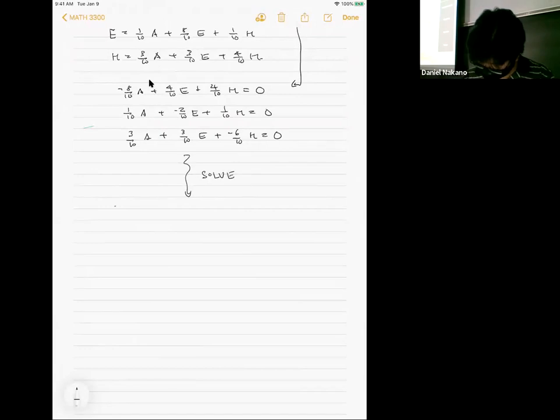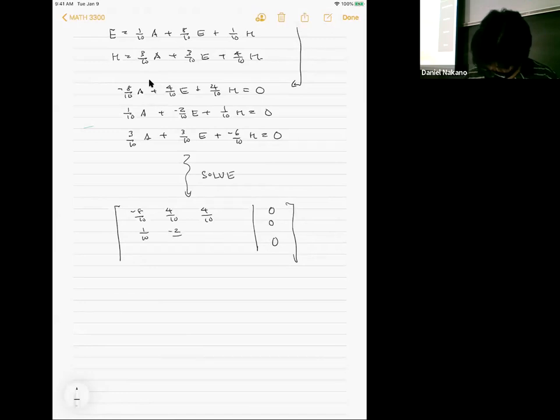In order to solve it, just put it in a matrix like this, and the coefficients are 8/10, 4/10, 4/10, 1/10, minus 2/10, 1/10, and 3/10, 3/10, and minus 6/10.